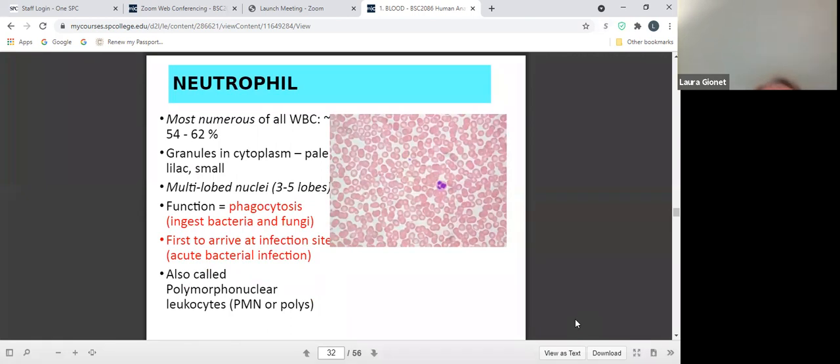Neutrophils are the most numerous white blood cell normally in circulation, around 55 to about 65 percent. It will fluctuate depending on how many are being liberated into circulation at that point in time.